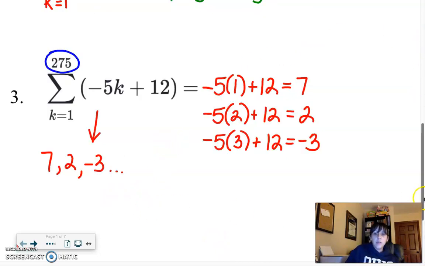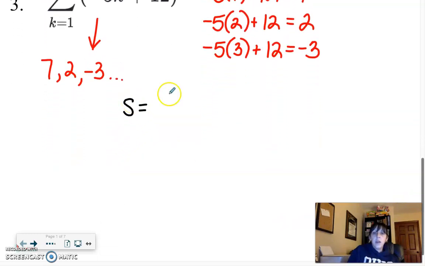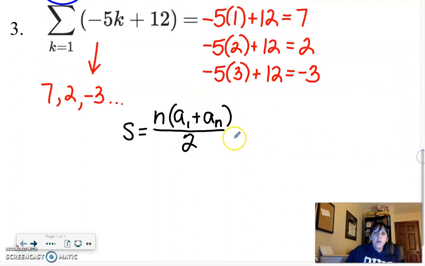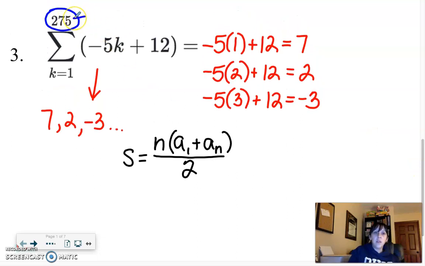This one says that to find the sum of a finite arithmetic series, we would have n times a1 plus an over 2. All right, do we know n? So n means how many terms are you adding up? We do know n. N was 275. It says it right here. Okay, that's good.